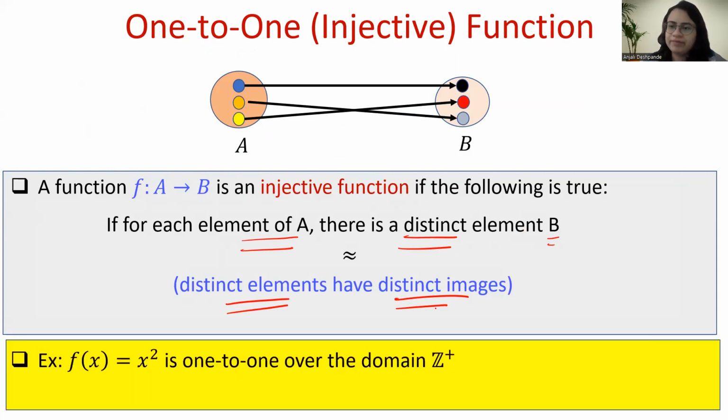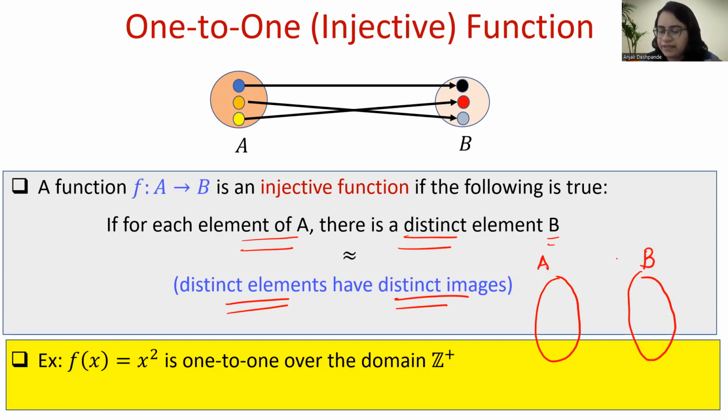So here I have an example of a function f of x equal to x square. Here x will be from the first set A, that is the domain, and x square will be from the second set, that is the codomain. So here the domain is defined as the set of positive integers. I can take any positive integer, let's say 2, 3, 5. So this x will be related to an element x square in the codomain.